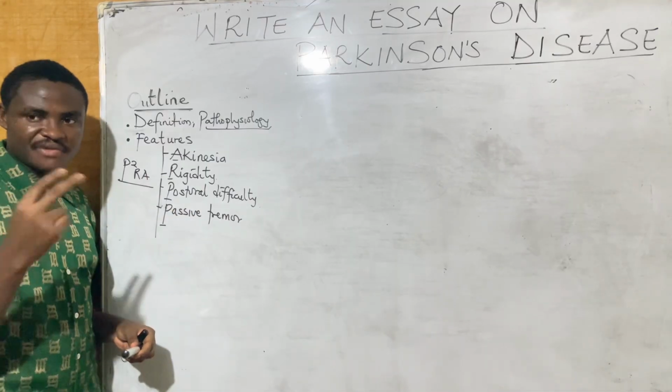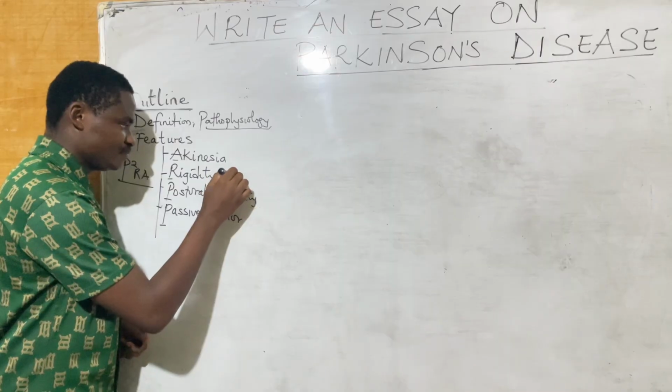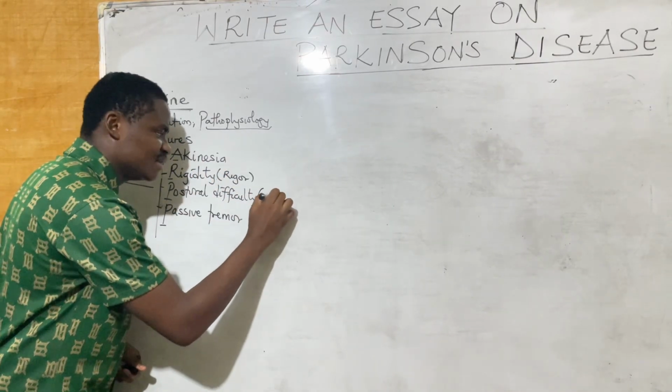Next P, passive tremor, arrow, rigidity or some say rigor, and then akinesia. Postural difficulty, some others also call it vague.